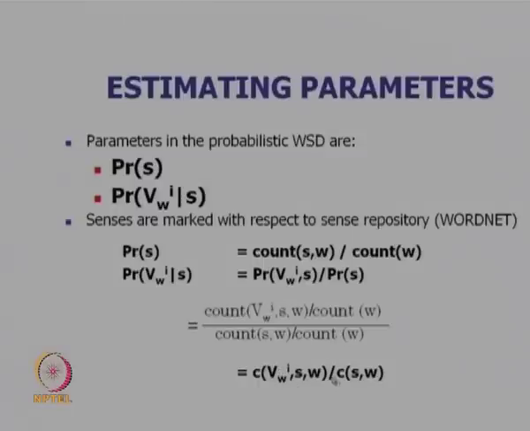So, this count is likely to be very small. When that happens, we can see that the competing sense of the word bank, which is the river bank, will lose out in favor of the finance sense of bank, provided the context is indicating that, because of the influence of this feature.